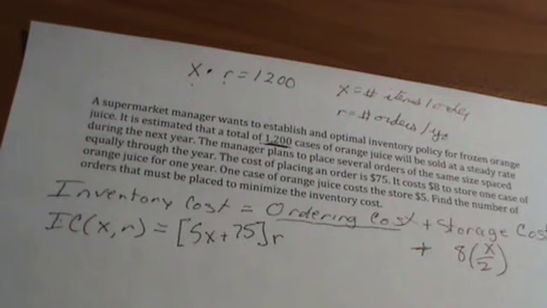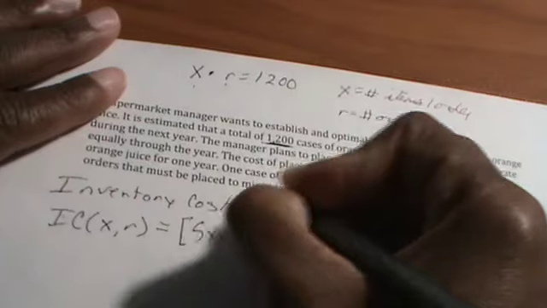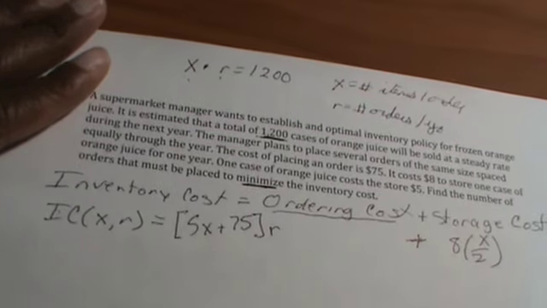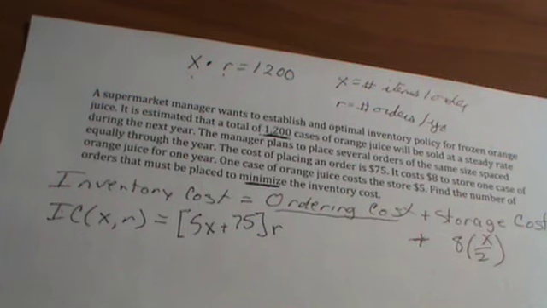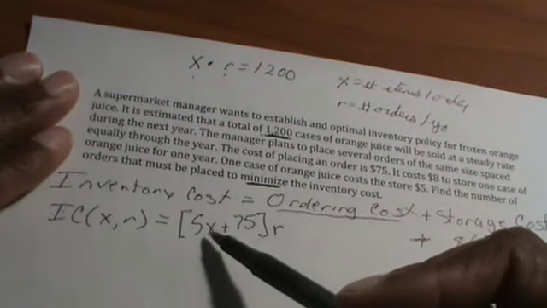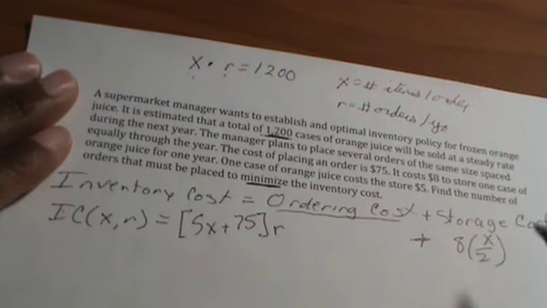So now that we have that, we realize that it says right in the problem, they want us to minimize the inventory cost. Now we already know that in order to maximize or minimize things, we need to be able to do the 3-step process. Take the derivative, set the derivative equals 0, solve for your variable. The problem here is you have two variables, an X and an R, okay? So what you would like to do at this point is to make it so that you have a single variable.